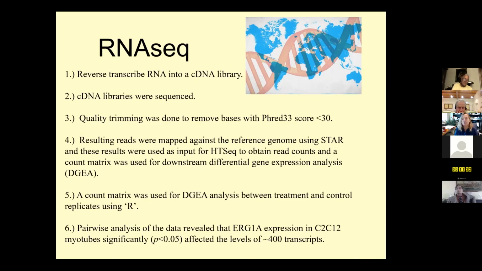This matrix is used for downstream differential gene expression analysis. That is, we determined using R which genes were expressed in the control versus the treated. We did pairwise analysis and revealed that ERG1A expression in these myotubes significantly affected about 400 different transcripts. So we've been going through this, trying to look at some that are more interesting.